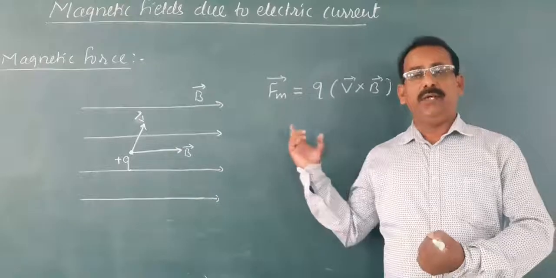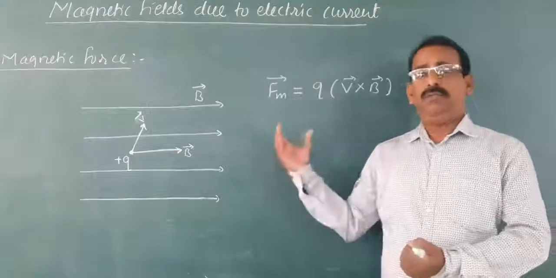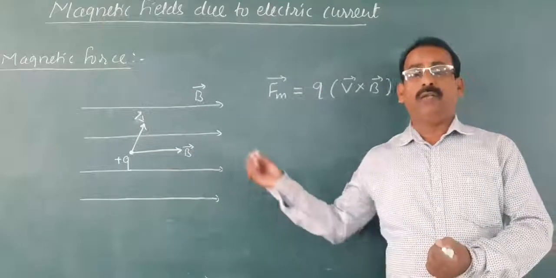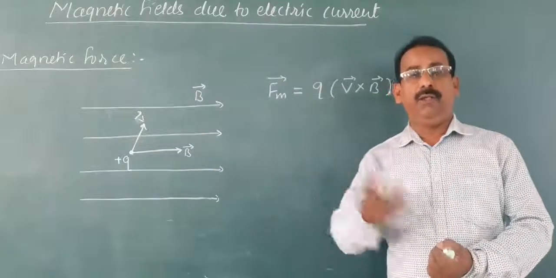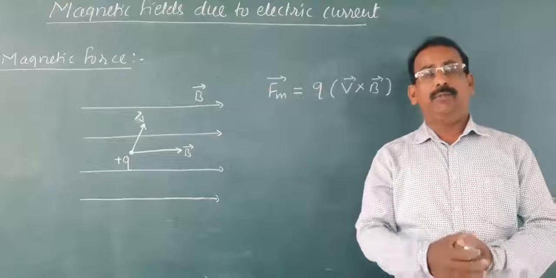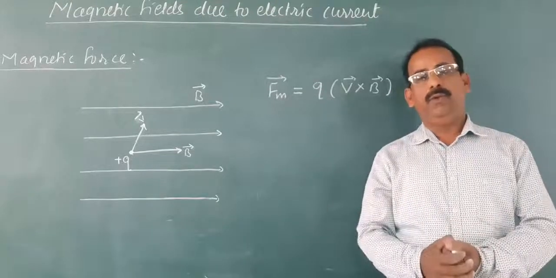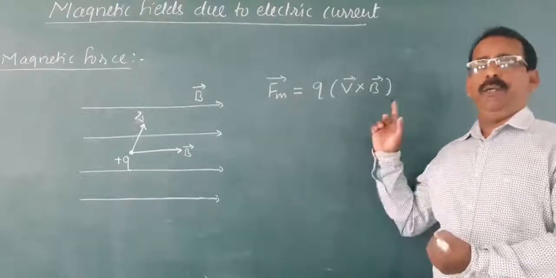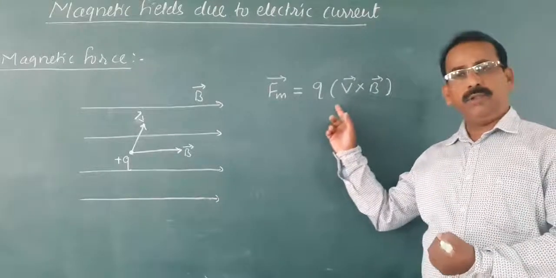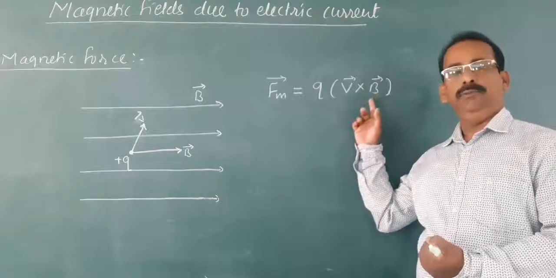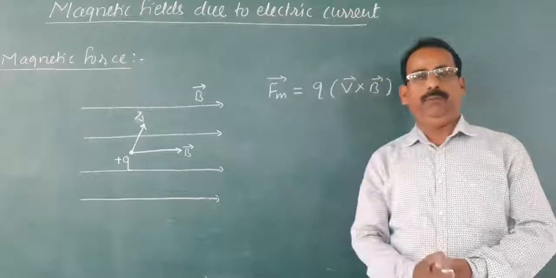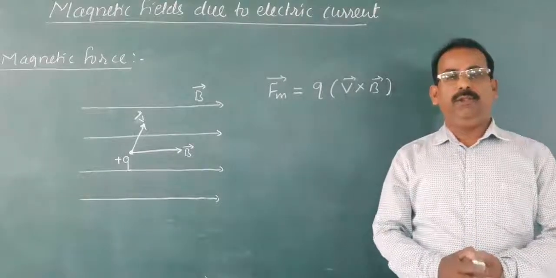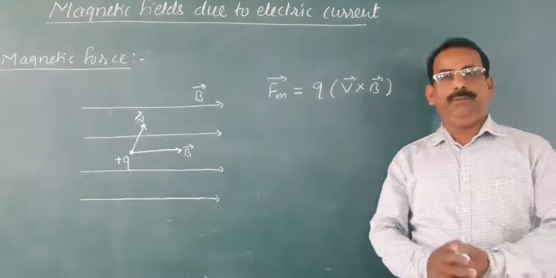Therefore, we can see that this magnetic force vector, the force acting on this electric charge, is perpendicular to both the velocity vector and the magnetic field vector.